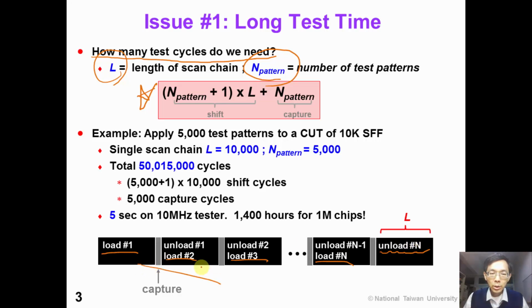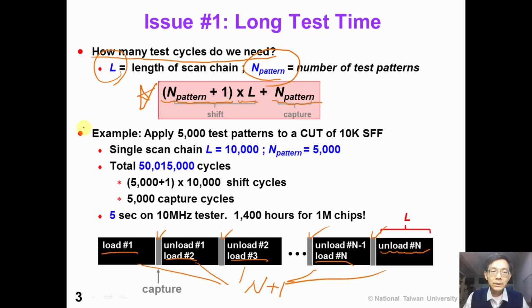So totally, we would need N plus 1 scan shifts, each of which has L cycles. And then we also need to capture the response. Totally, there are N pattern captures. So this is our number of test cycles.